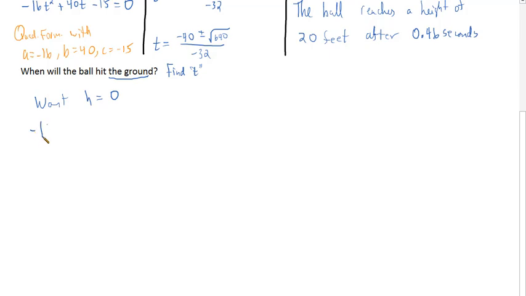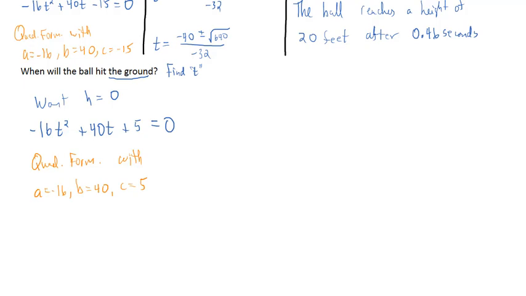So, negative 16t squared plus 40t plus 5 equals 0. And we, again, will solve this using the quadratic formula. And it's already in the standard form. So with a equal to negative 16, b equal to 40, and c equal to 5.